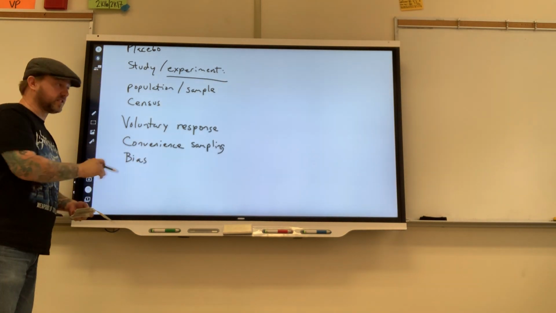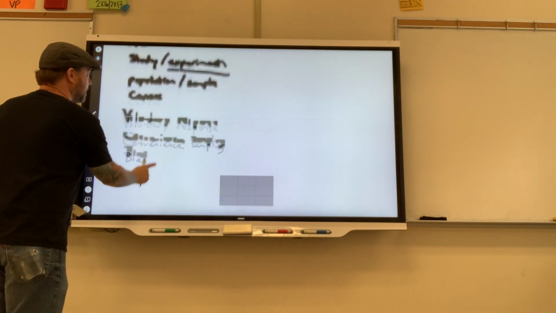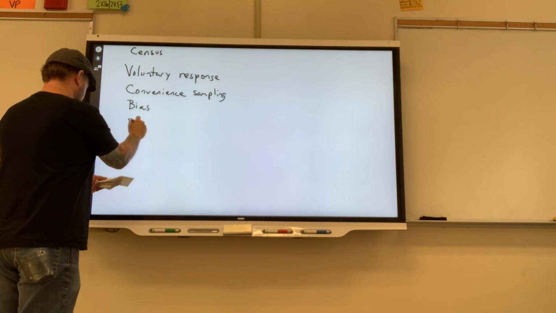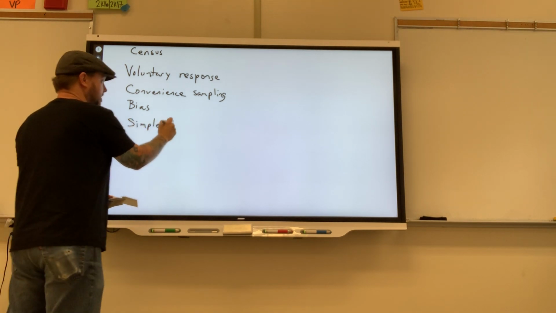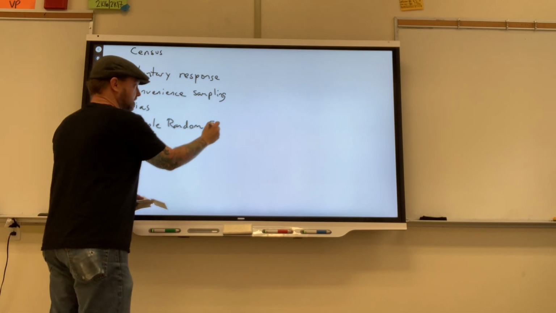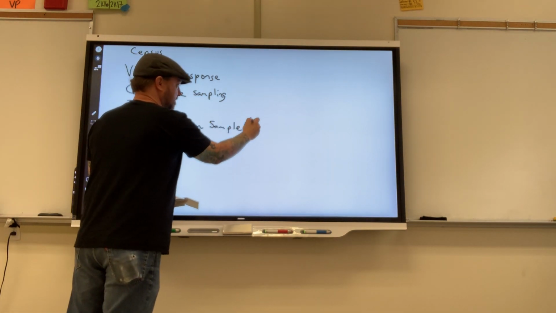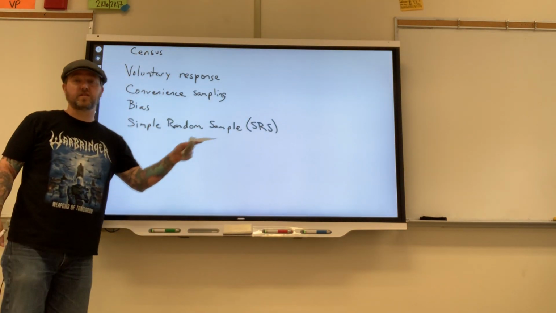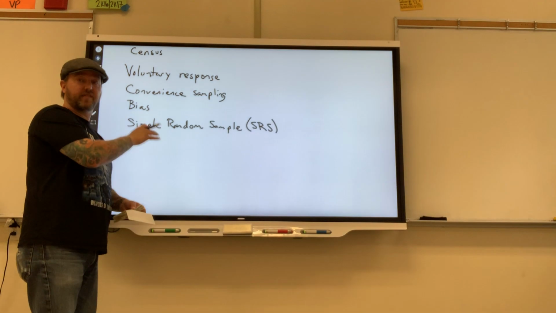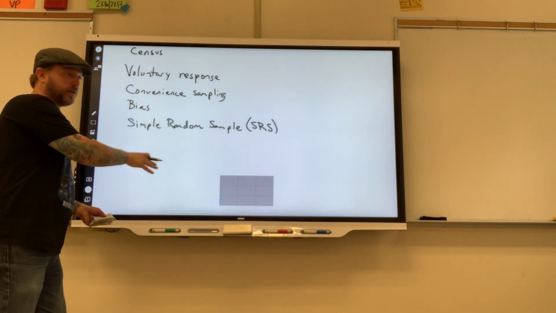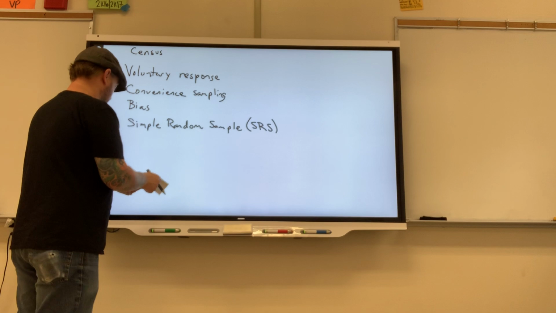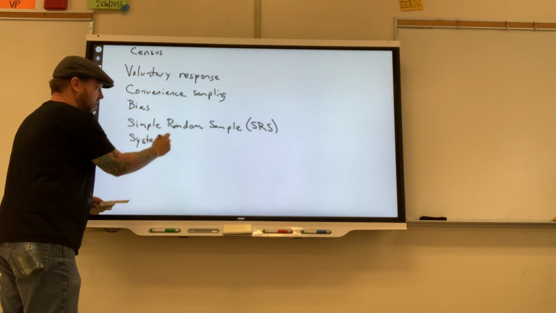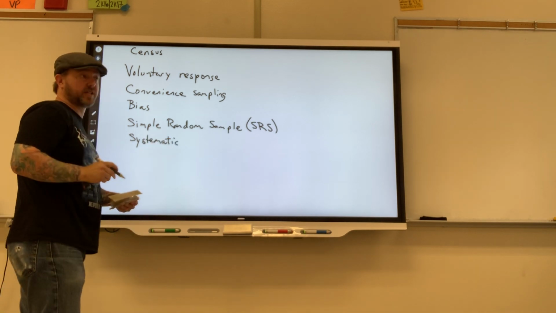Bias, we know this, it's when it systematically favors certain outcomes. The best way to reduce bias is randomizing. So let's talk about simple random sample, or an SRS. This is every person, every individual, and every sample has an equal chance of being picked. Okay? We did a systematic random sample.